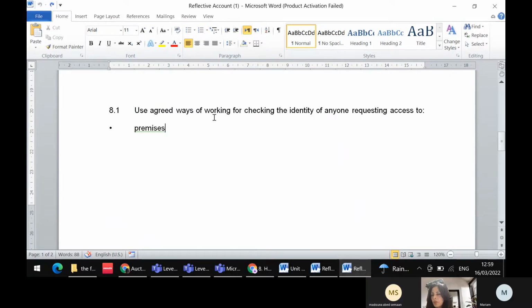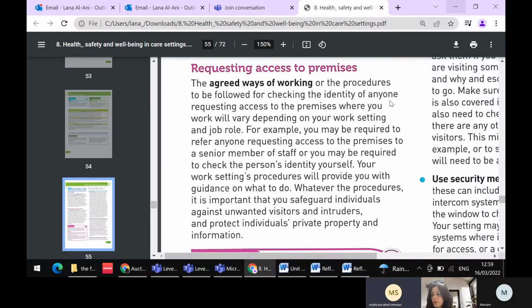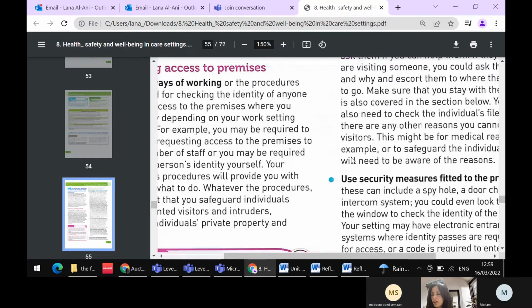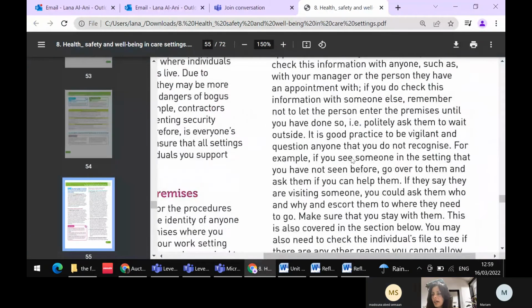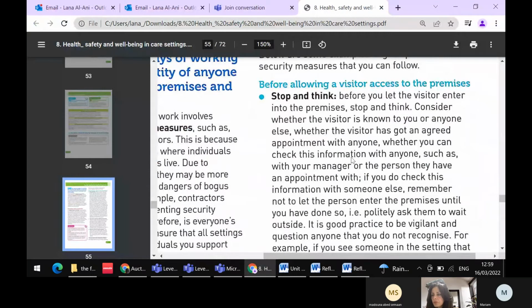So, what was the agreed way of working to check the identity of anyone requesting to access the premises? We have to always check their ID. Okay, very good. So before I allow any visitor, I need to stop and think why they are there and who they are coming to meet.